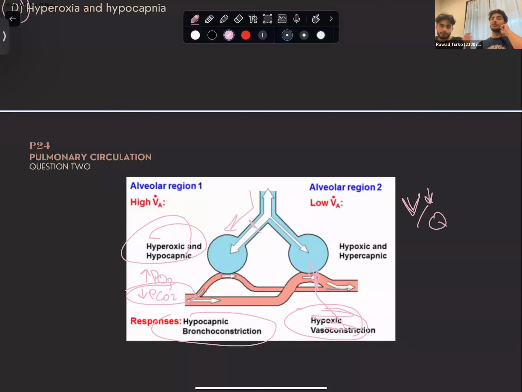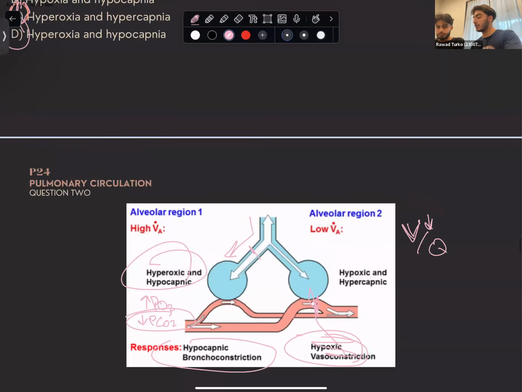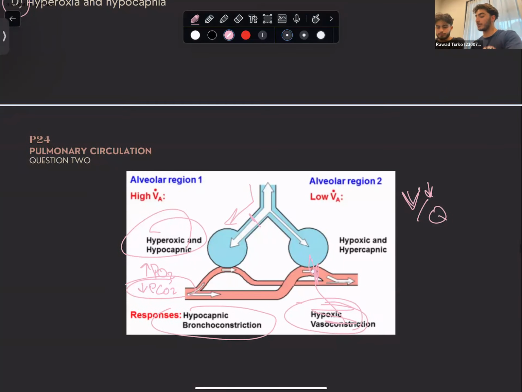Their central venous pressure would obviously drop. But then you wouldn't be considering the compensatory methods, because other mechanisms would increase central venous pressure, like vasoconstriction and all those things. So here we're talking about, in response to this hyperventilation, we would get hypocapnic bronchoconstriction.